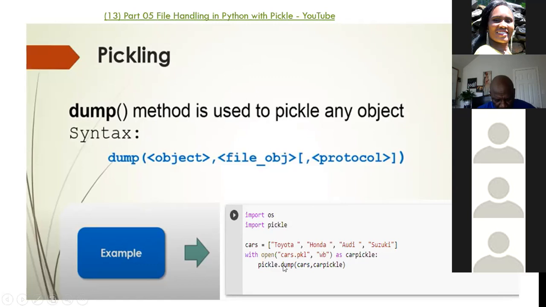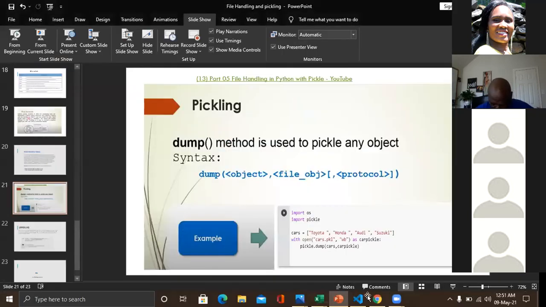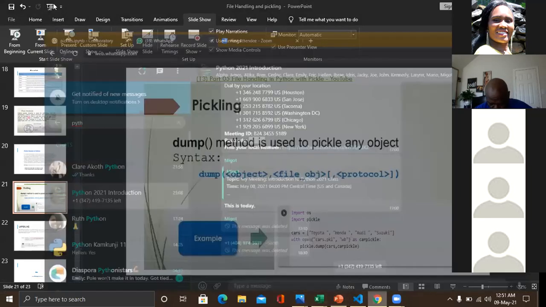Then you pickle.dump. So now in the pickle.dump, remember it is the object and then the file name. So my file name is car pickle, and then the object is cars. So I dump. So let's go to Colab and see how this works.